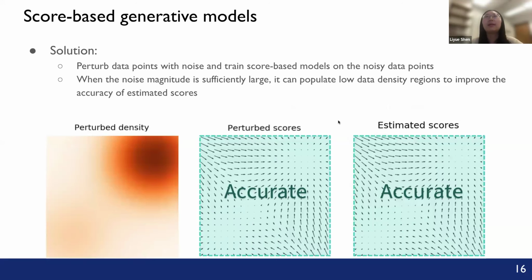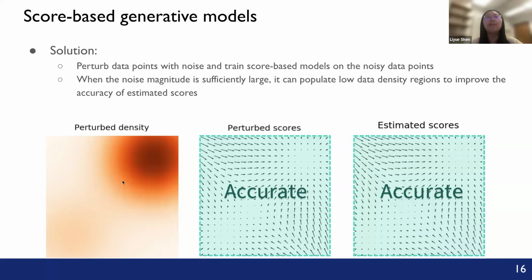One of the solutions proposed by the authors is, okay, we can perturb the data points in the original distribution with noise, and then train the score-based model to estimate the perturbed distributions on the noisy data points. The intuition behind this is that if we add noise, and if the noise magnitude is sufficiently large, this can populate the low density region in the original distribution to improve the accuracy of the estimated score.